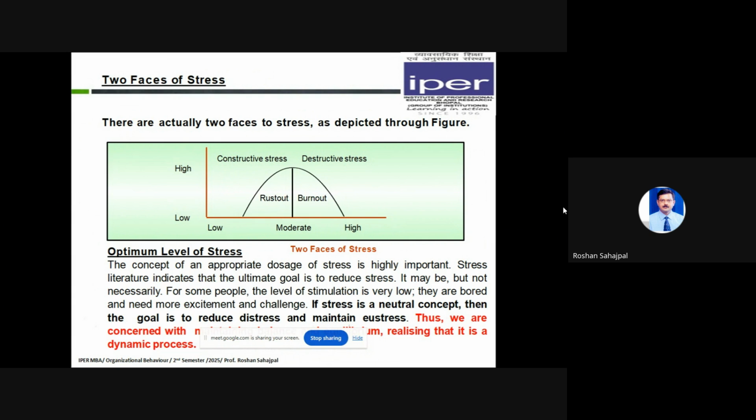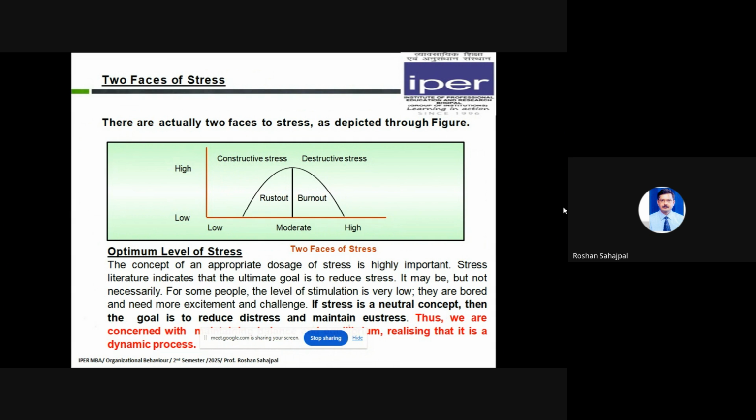But this is positive because this brings out the positive things in you. So till the optimum level is achieved, the stress is positive in nature, because it will have some positive effect on you.